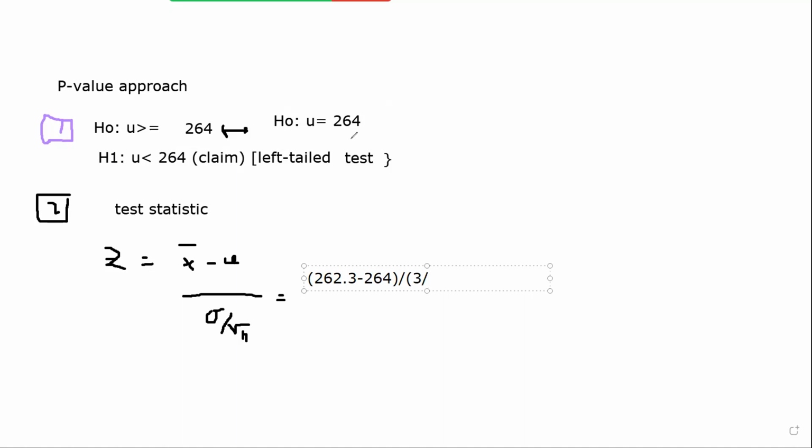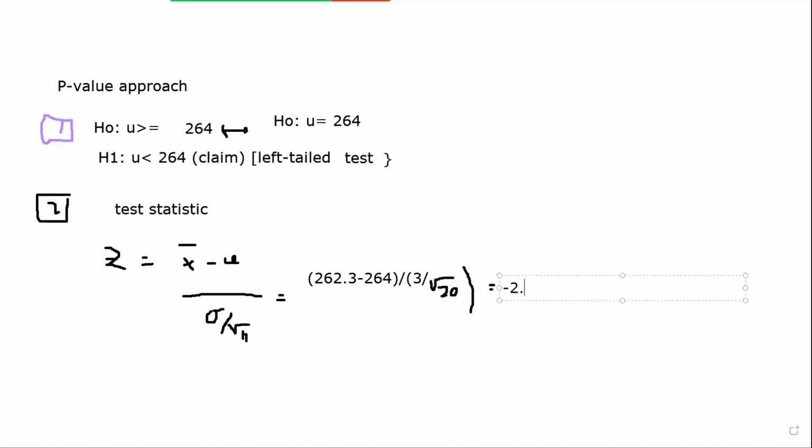And when I work that out, that came out to be negative 2.53 was my z-score. So this answer was equal to negative 2.53 here.